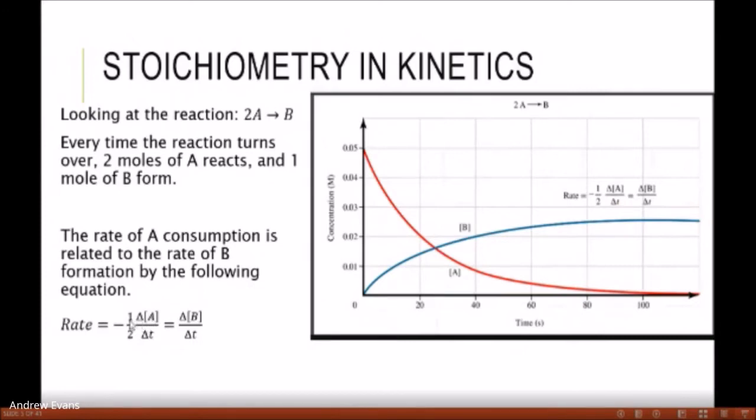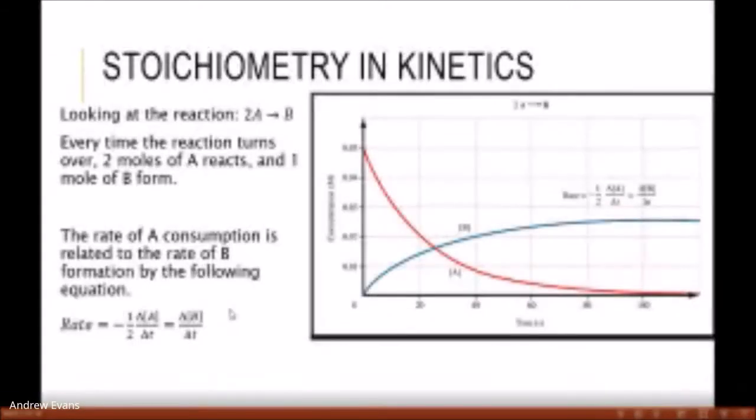The rate of B would be 5/2 per second. So every time 5 A's go away, 2.5 B's form. So we can look at the relationship of -1/2 rate A, change in A over change in time, equals the change in B over the change in time. That's what this relationship looks at.